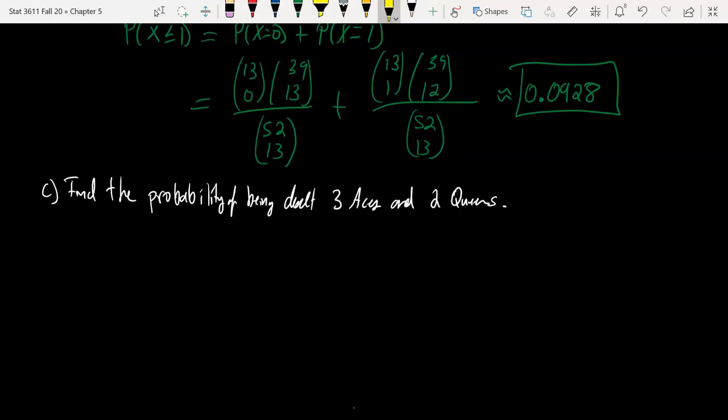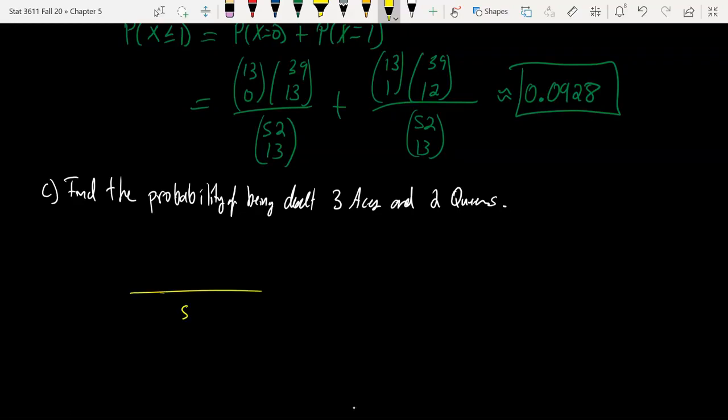Okay, so this is a little bit more complicated because now what is our success here? Our success is getting 3 aces and 2 queens. All right, so how can we get the desired probability?